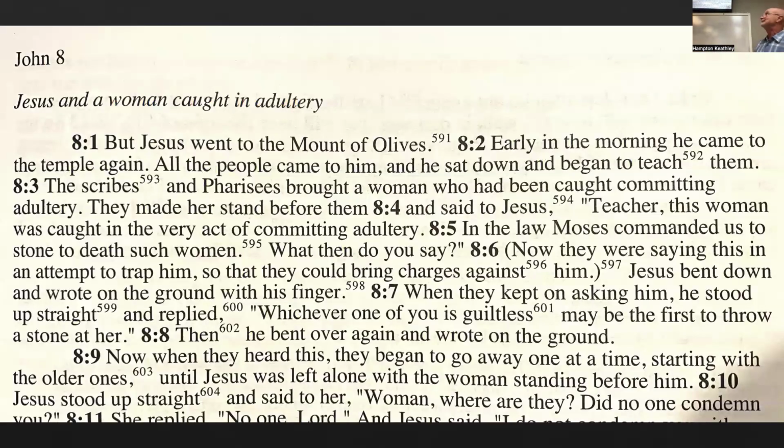I took a photo of this last night because I just remembered the story. Can you read what the paragraph title is in the NET Bible's first edition? Joe Head called Hall Harris, who translated John. And he says, Hall, what did Jesus say when he was caught with that woman in adultery?